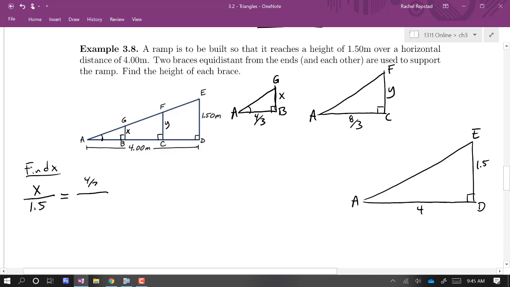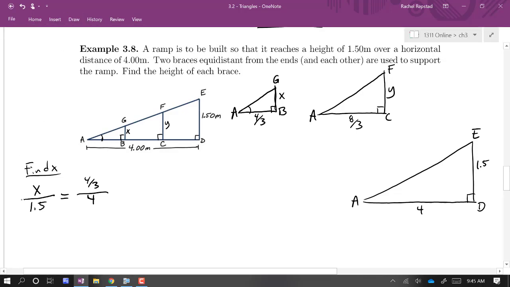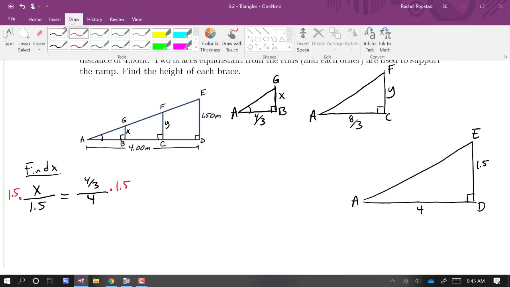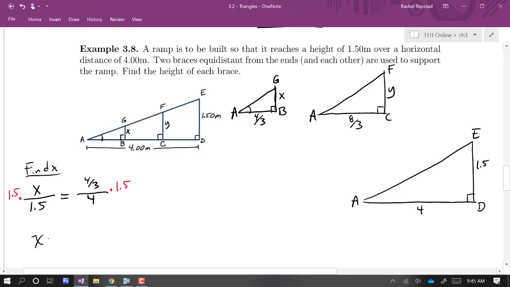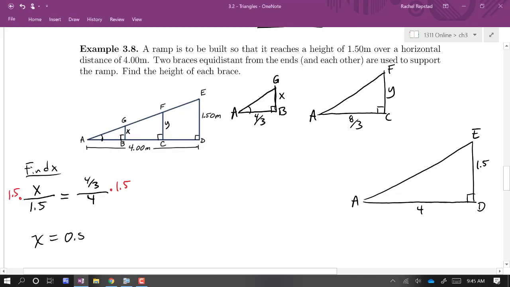So 4/3 divided by 4. We could solve for x by multiplying both sides by 1.5. So 4/3 times 1.5 divided by 4. And I get 0.5 meters.